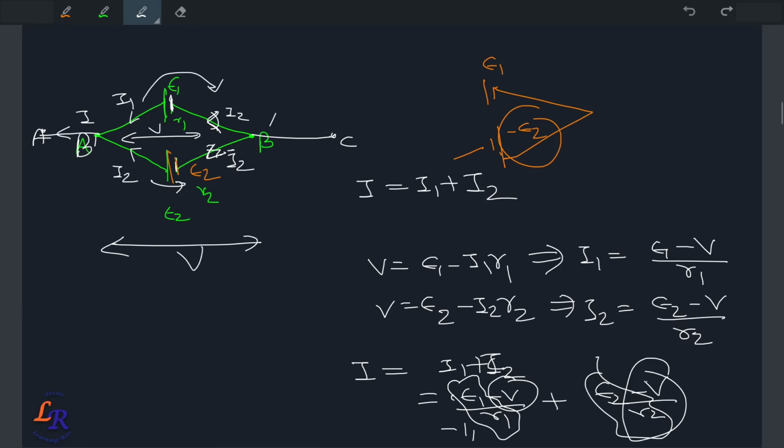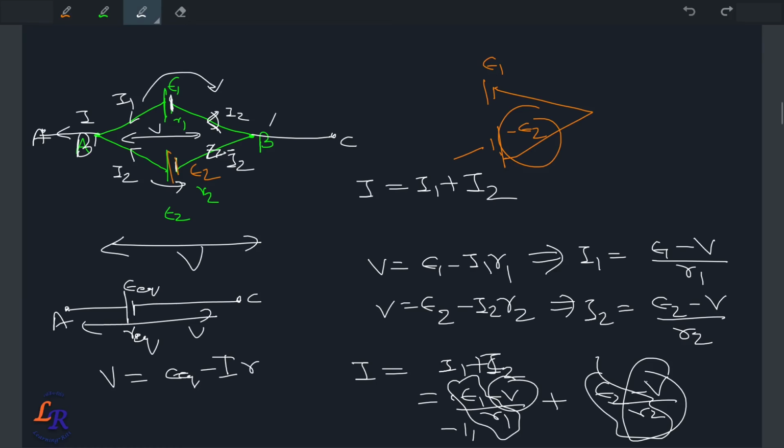Further, as we are talking about between A and C to find the equivalent resistance, let's say you have a cell which has an equivalent EMF epsilon EQ, and then you have R equivalent between A and C, right? So between A and C, if the potential difference is V as shown above, it will be V is equal to epsilon equivalent minus I R equivalent.